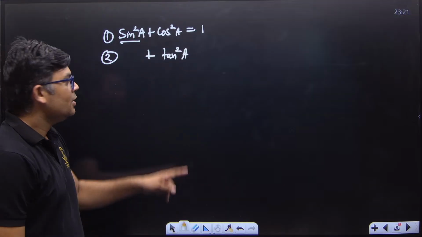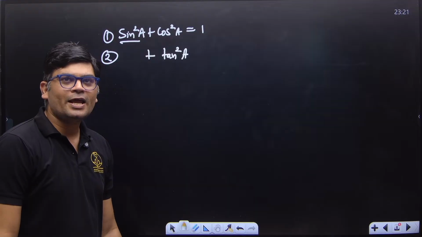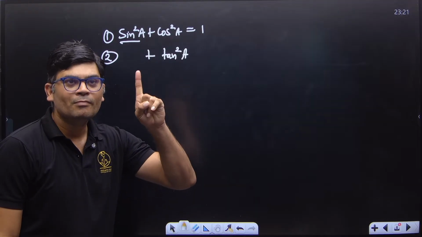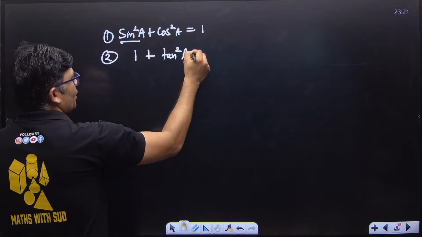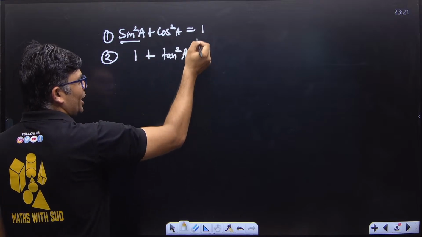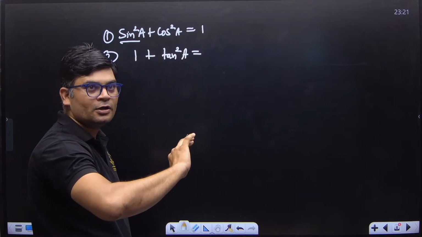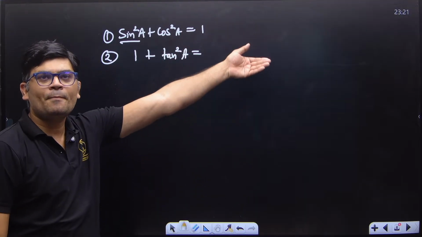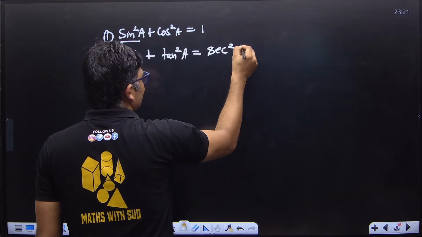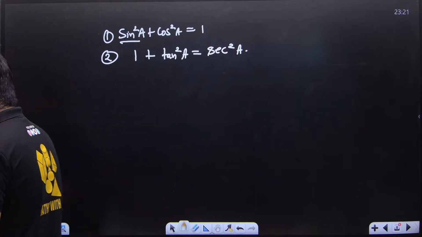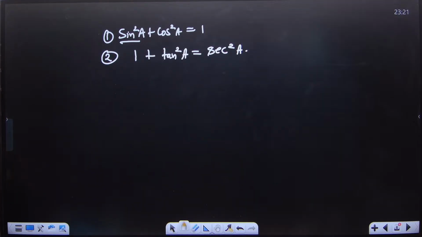Tan square. And what will happen to cos square A? It will become 1. And what will happen to 1? It will become 1 upon cos square A, so cos square A will go up and it will become sec square A. So the identity is 1 plus tan square A is equal to sec square A.